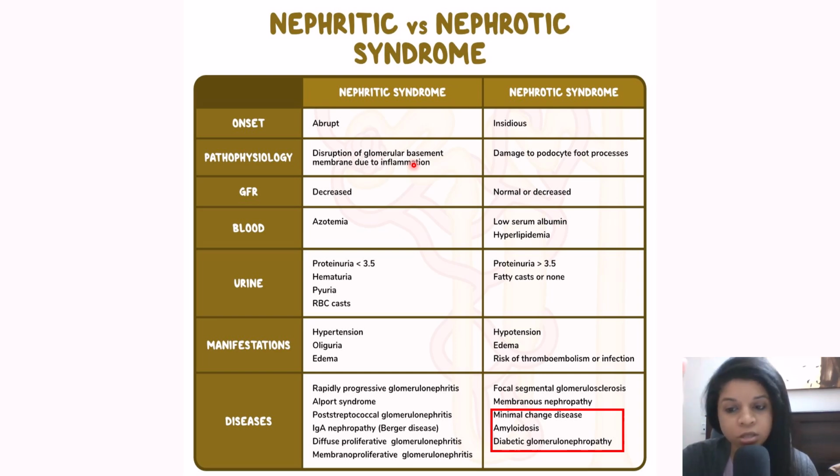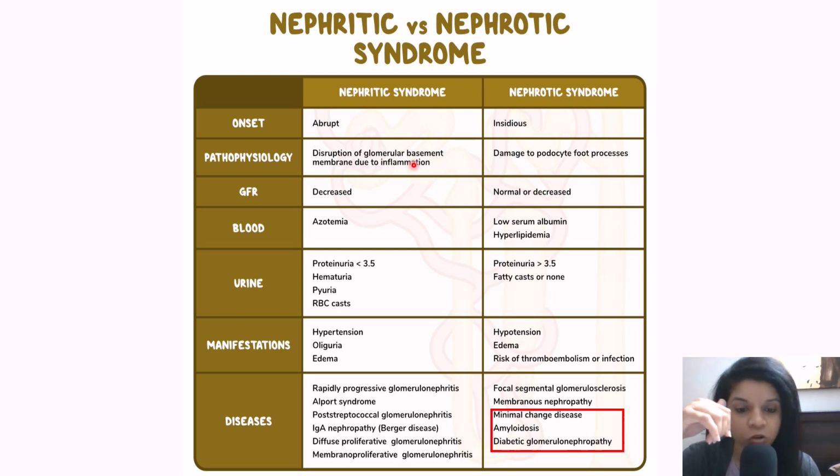If the RBC cast is not excreted, there is so much accumulation that it starts obstructing the tubule itself. Urine won't go out of the kidney. Now, because the urine is accumulated and obstructed there, it can get infected and cause pyuria. And the fluid is now retained in the kidney because of the obstruction in the pathway due to casts.